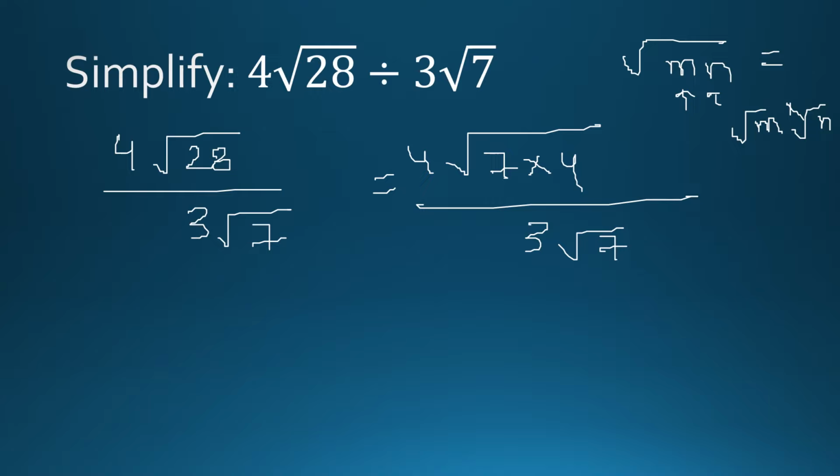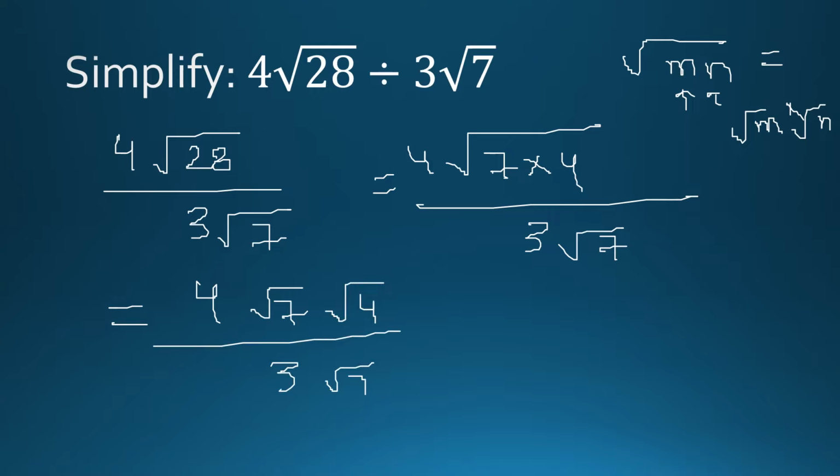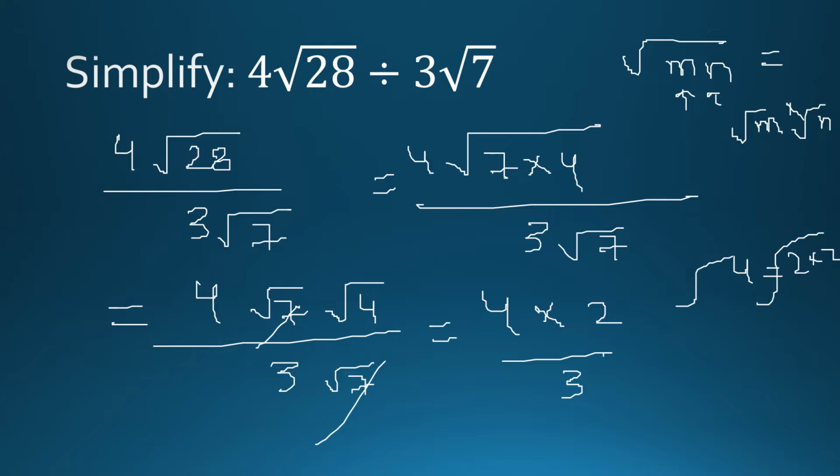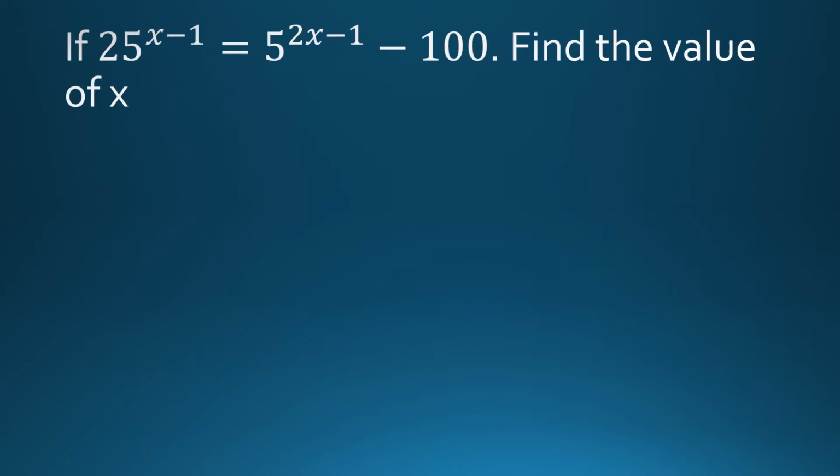These two things are equal. So can I write it like 4 root 7 into root 4 over 3 into root 7? So you can see root 7 gets cancelled, and you know root 4 is 2 because 4 is 2 into 2. So in the square root you will get 2. So 4 2s are 8 by 3. You get an answer. Right? Let's move on to the next question.